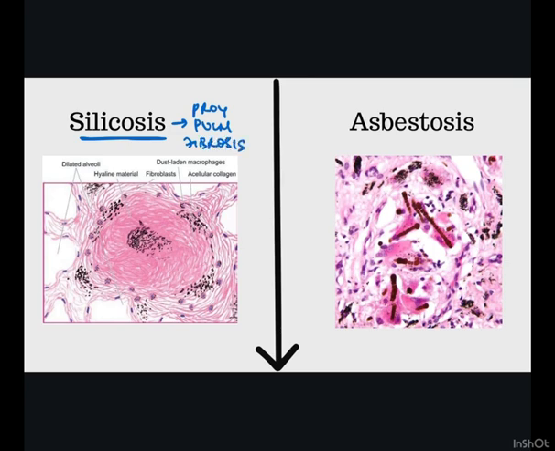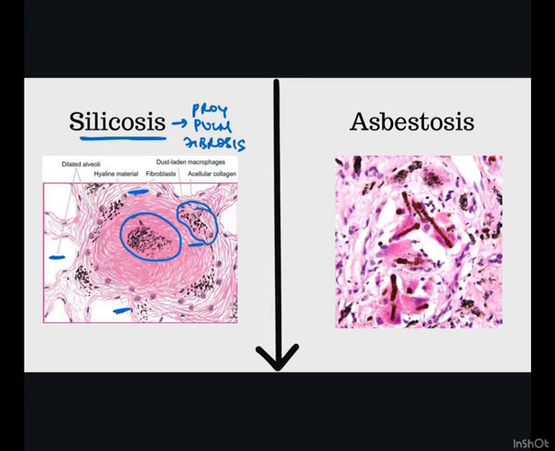As you can see here, in the microscopic image, there are dilated alveoli. There is usually hyaline material present. There are fibroblasts which are seen. There is acellular collagen and then there are something called dust-laden macrophages.